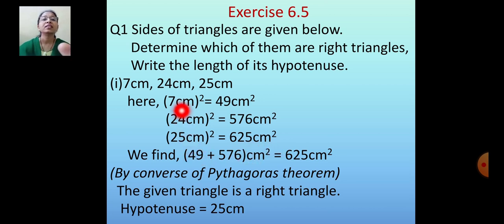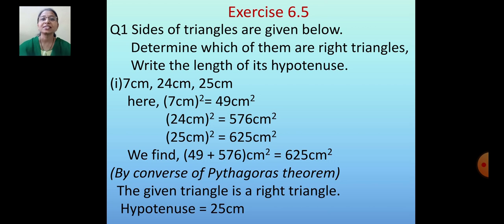Now we observe that the sum of the squares of the two smaller lengths is equal to the square of the bigger length. That means the square of one side is equal to the sum of the squares of the other two sides. What does it mean? By converse of Pythagoras theorem, the angle opposite to the bigger side is 90 degrees. Therefore, the given triangle is a right angle triangle, as it satisfies our converse of Pythagoras theorem.